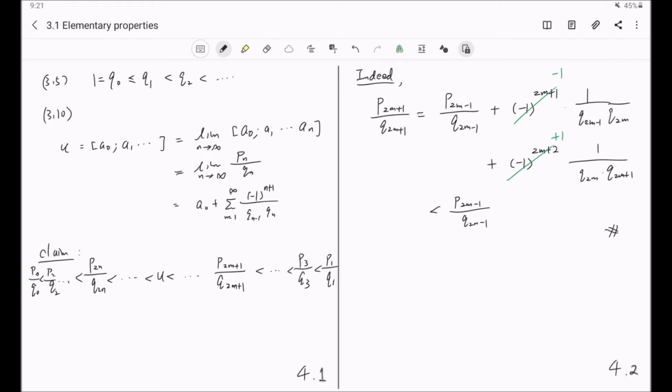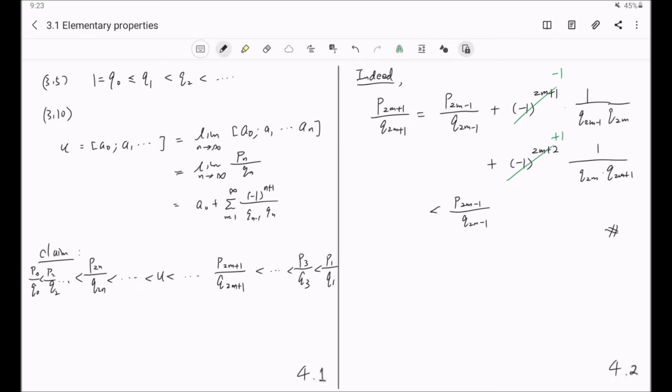So this verifies the claim. So you can easily do the even numbered case. And at the same time, those subsequences all converge to U, because the sequence itself converges to U.